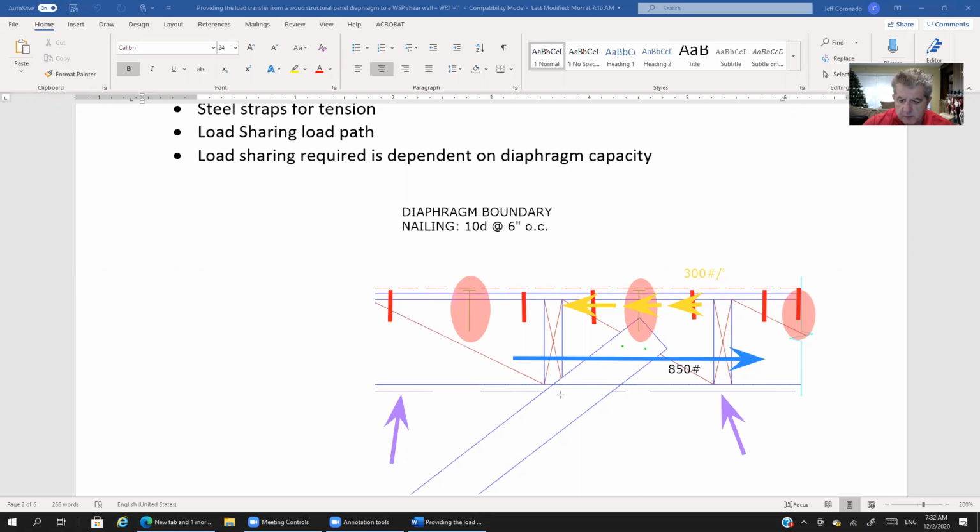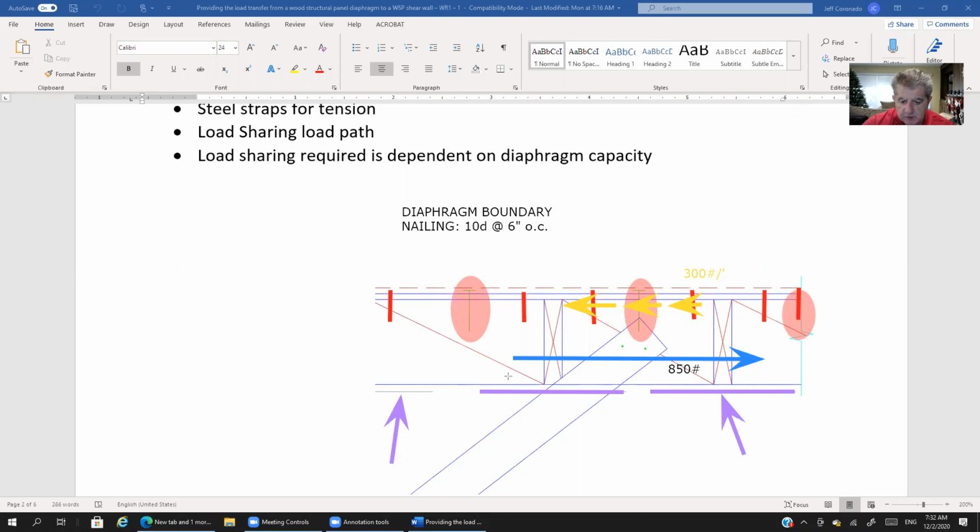If we could pretend the brace isn't there for now, we would be able to see a steel strap that bridges over that rafter and connects one block to the block that the brace is connected to, the adjacent block. And the same thing over here.